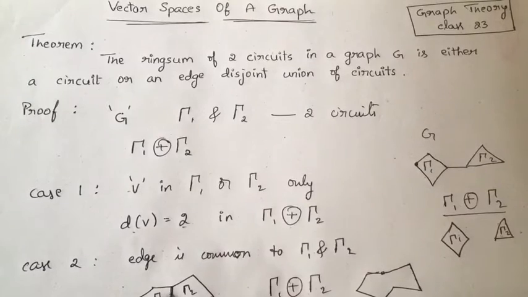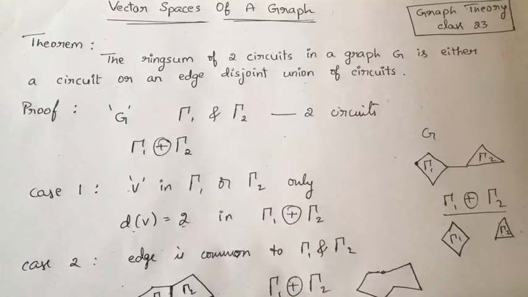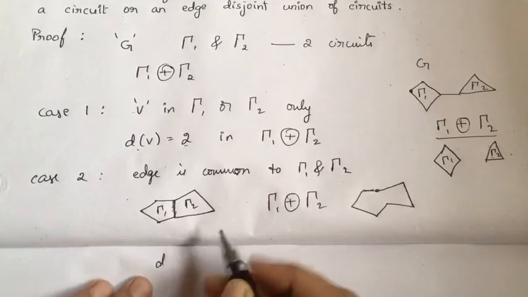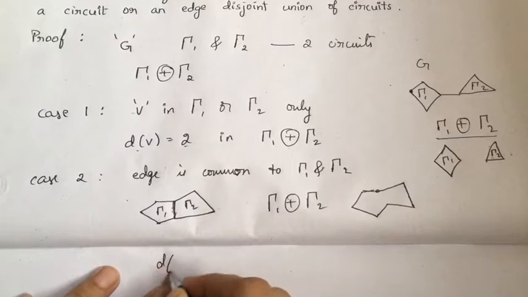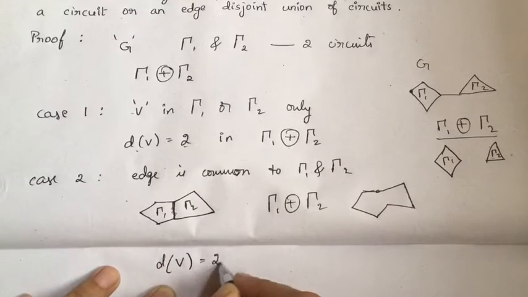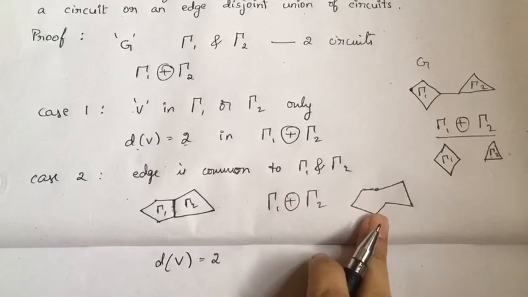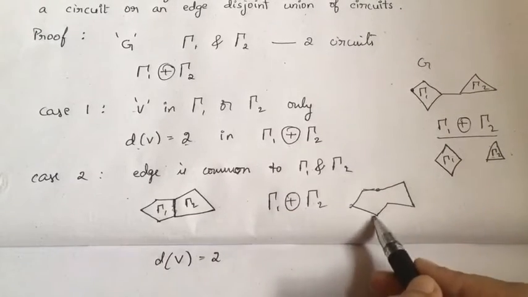This edge won't be there when I take the ring sum. So in this case also, for any vertex I consider, the degree of V is 2 in the ring sum.